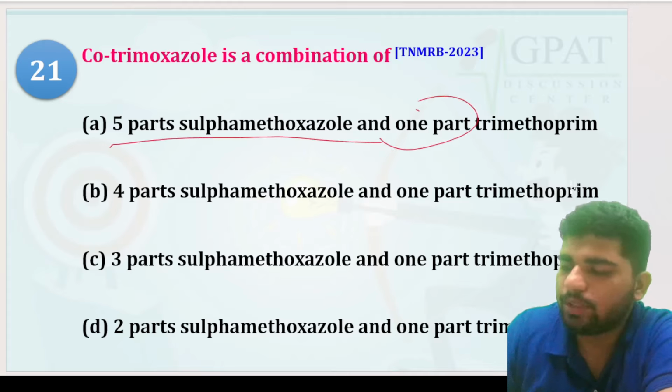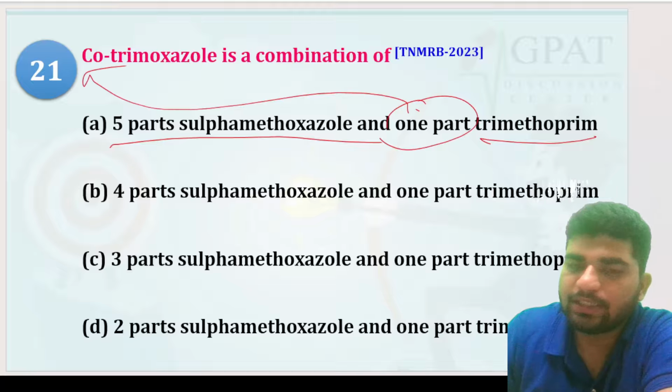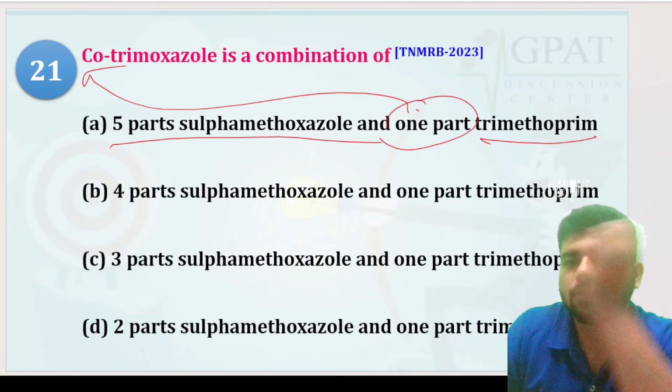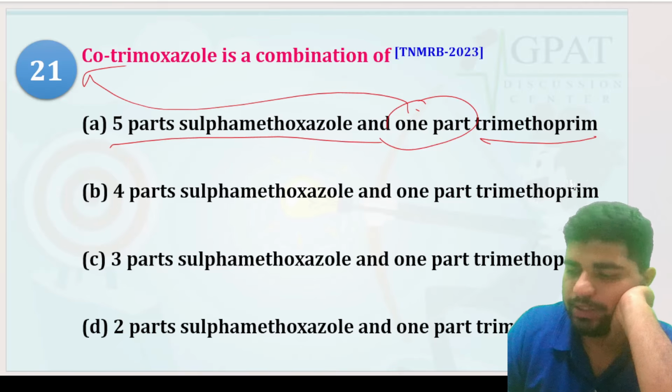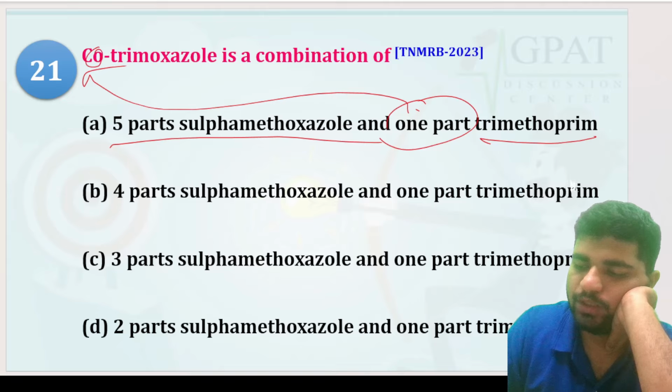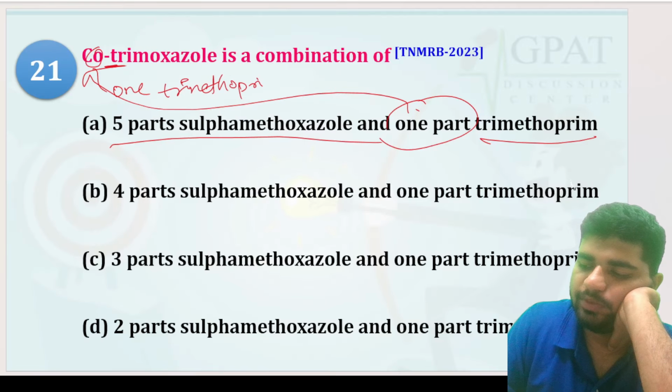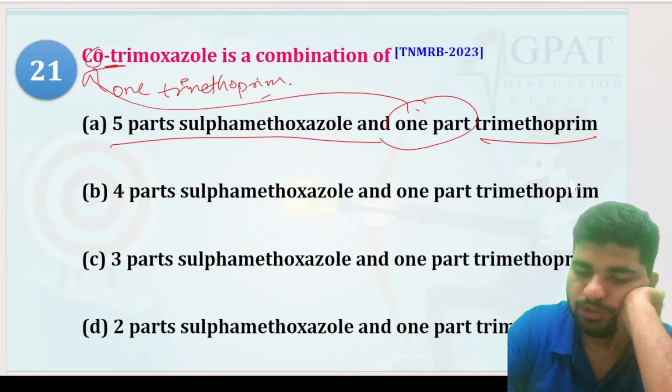Five parts of sulfamethoxazole and one part of trimethoprim make cotrimoxazole. The name itself says one, one, tri. Tri means trimethoprim.